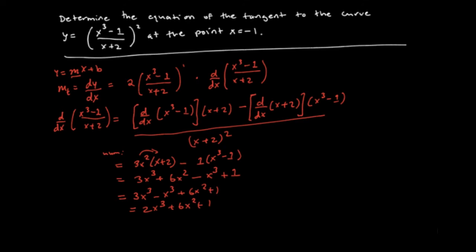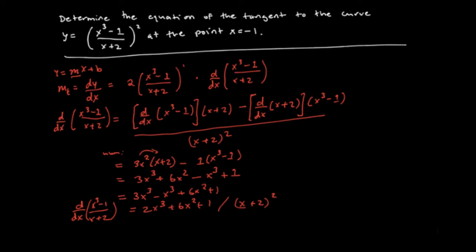Okay, and all of this is going to be over x plus 2 squared. So this is what the derivative of x cubed minus 1 divided by x plus 2 looks like.